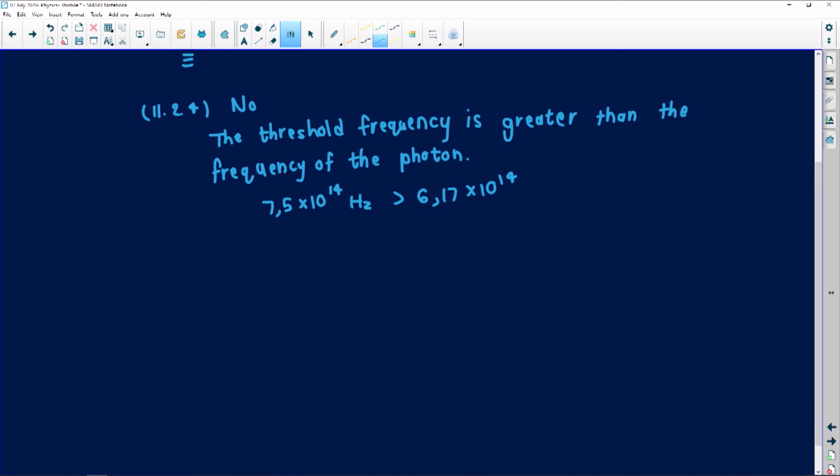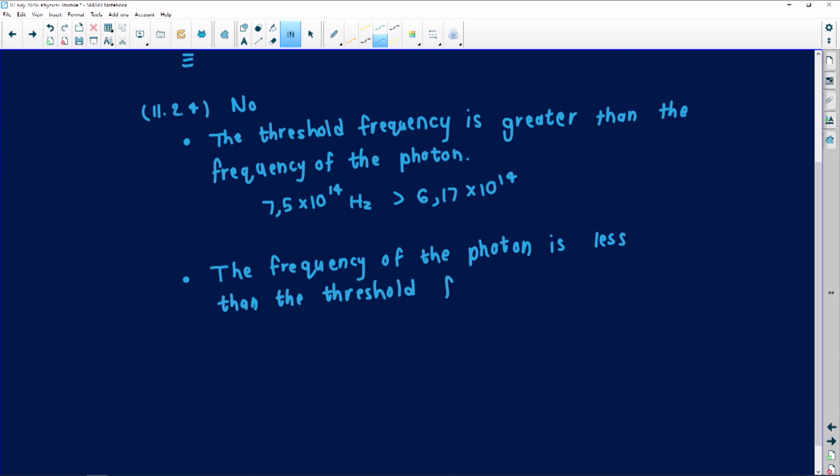But you can also say the frequency of the photon, and remember this was going for 2 marks, of the photon is less. This is how you show something is or is not. The photon is less than the threshold frequency.